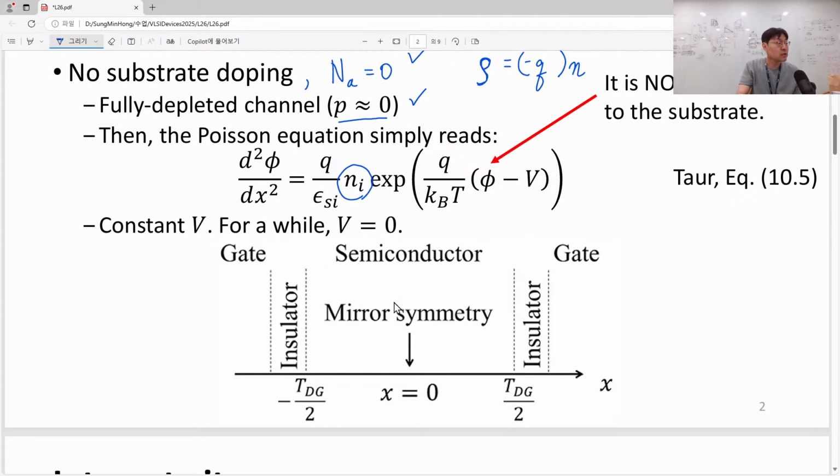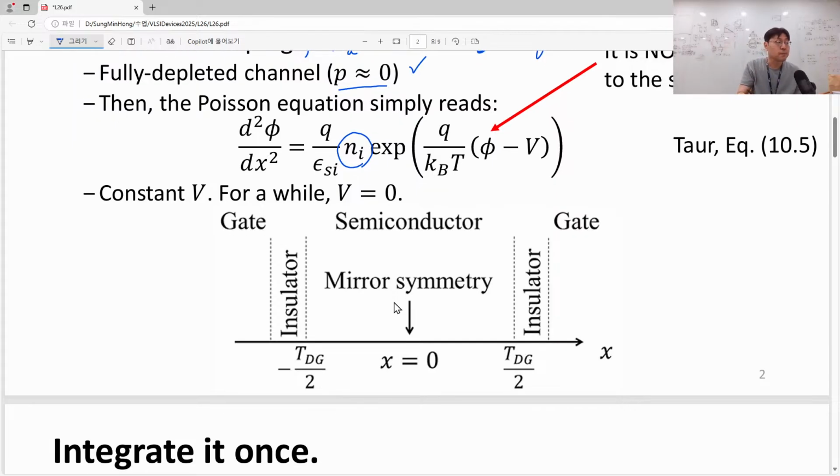So the structure is assumed in that way. Due to the mirror symmetry, we just consider the origin as a midpoint, and the entire silicon thickness is given as T and divided by 2, because there is a positive half and a negative half. Of course, we assume the mirror symmetry.